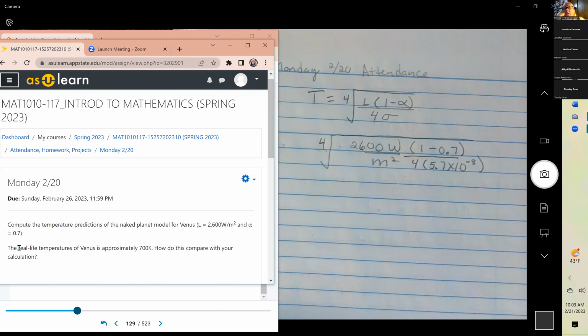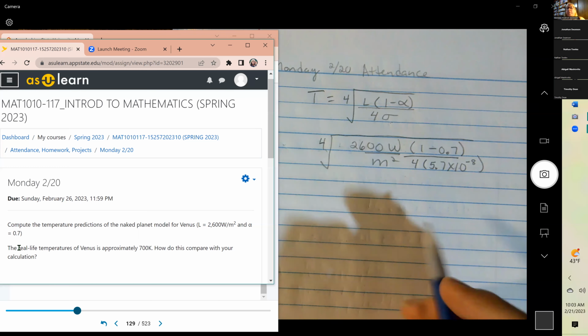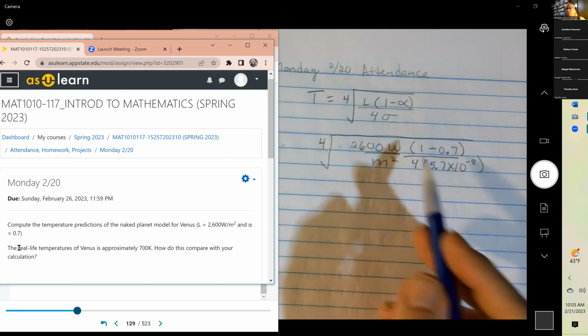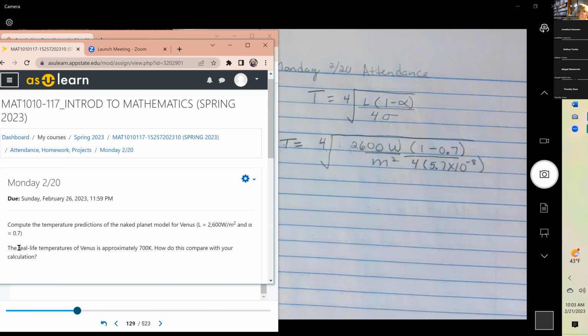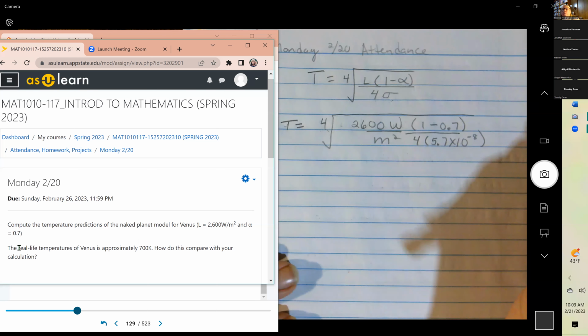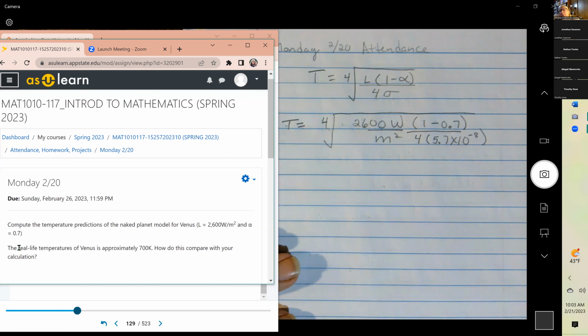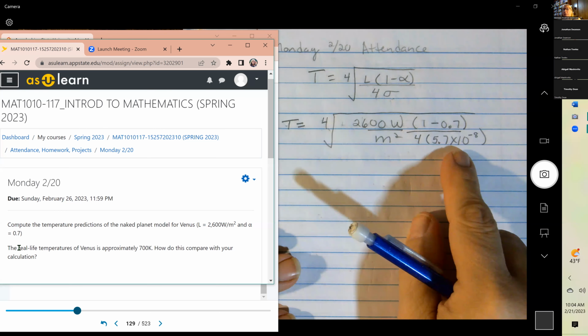I didn't write it out. And then you would just calculate it. Well, I think it's this one, K meter squared.